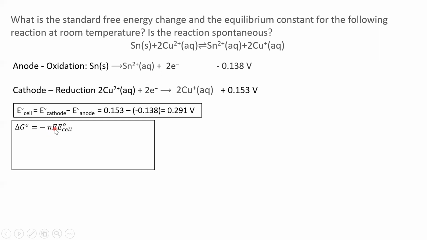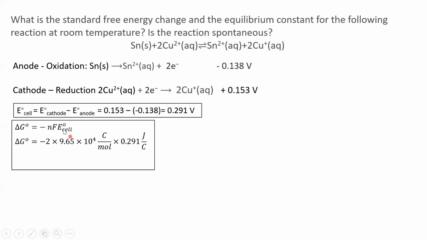F is Faraday's constant. E, we just calculated here, 0.291. So we've got negative 2 times 9.65 times 10 to the 4th coulombs per mole of electrons times 0.291. Again, we calculated the 0.291 here.